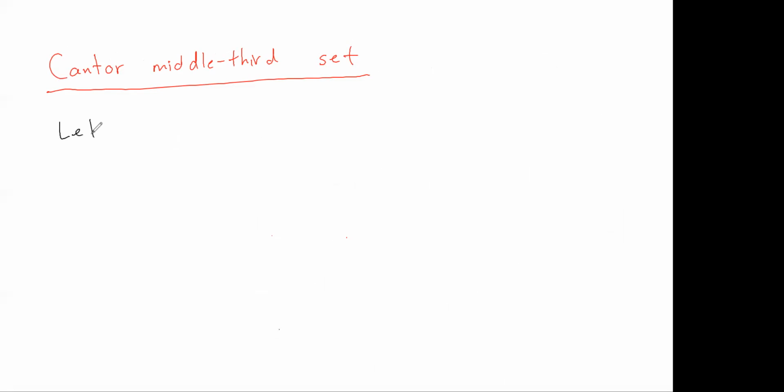So we'll start with Z0 being the interval [0, 1], which is just this line segment. And then in the next step, I'm going to take the middle 1/3 and erase it.